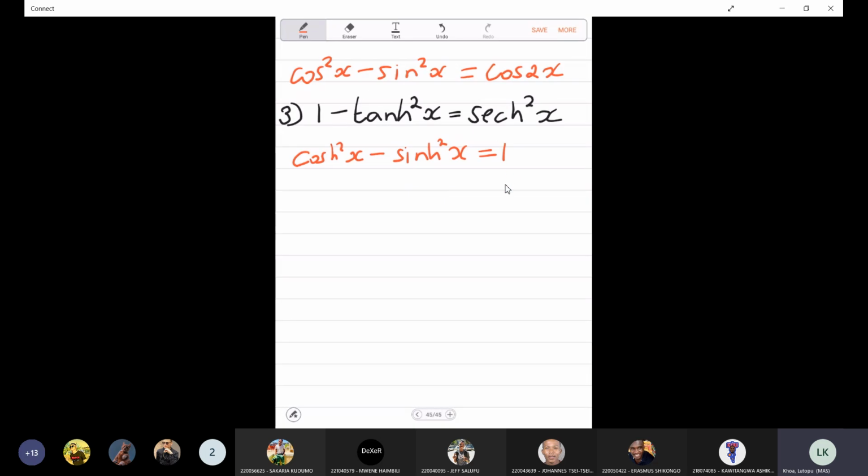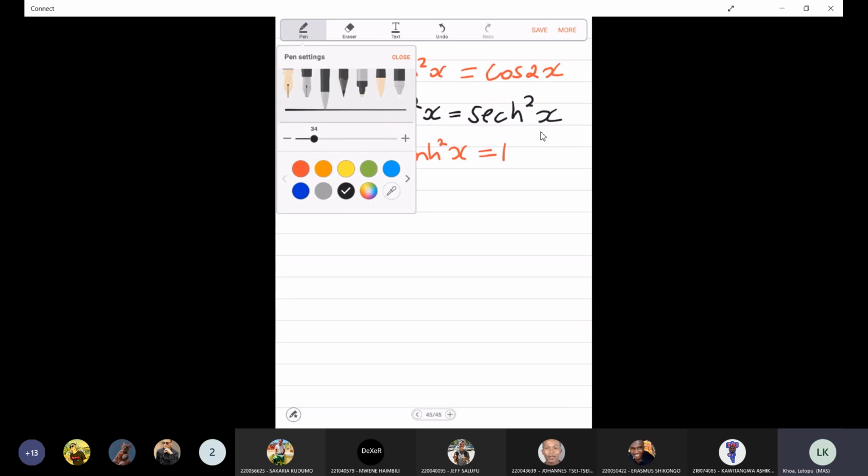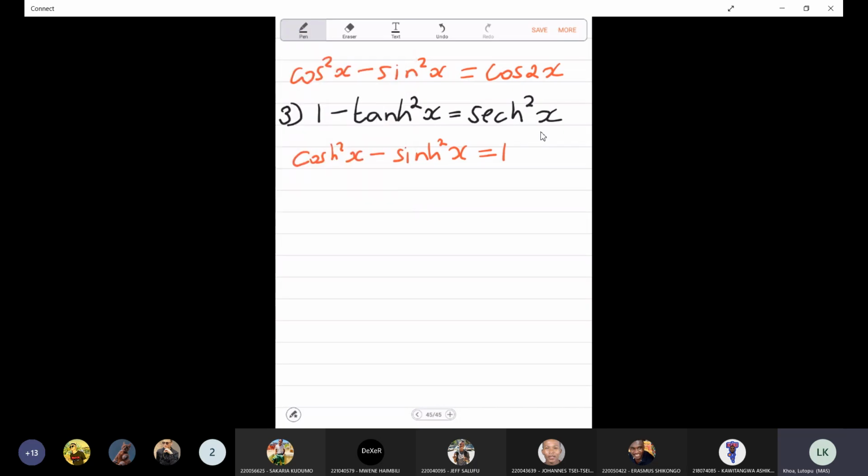And then 1 divided by cos hyperbolic is sec hyperbolic squared. So you can see this one, I get it from that one. If you know that one, you just need to remember, okay, I need to divide everything by cos hyperbolic squared.